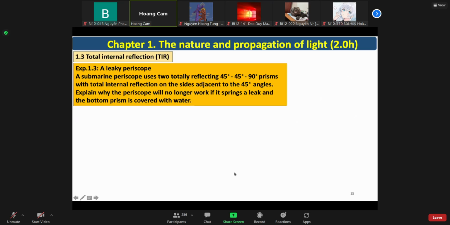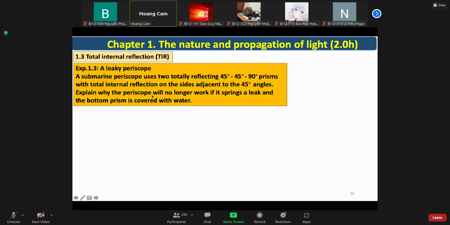Okay, here we go. We will have one small example related to total internal reflection. We have a leaky periscope. The exercise is: a submarine periscope uses two totally reflecting 45-45-90 prisms with total internal reflection on the sides adjacent to the 45-degree angles.